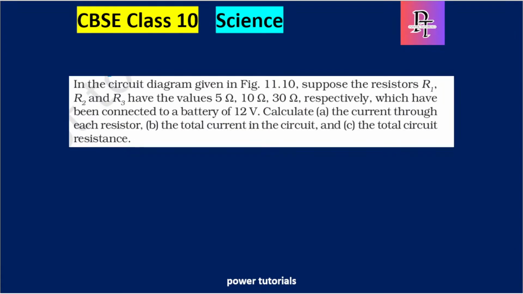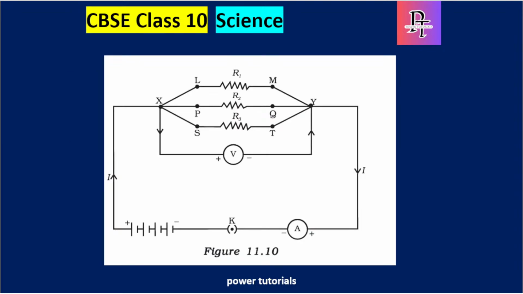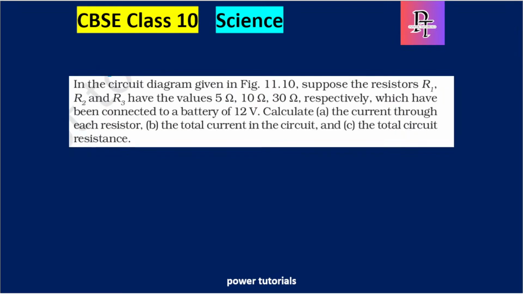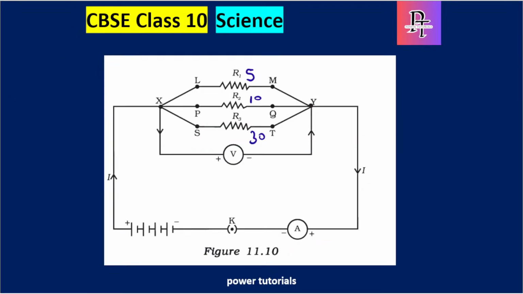Let's see the question. Suppose R1 is 5, R2 is 10, R3 is 30 ohms, and the battery is 12 volts.